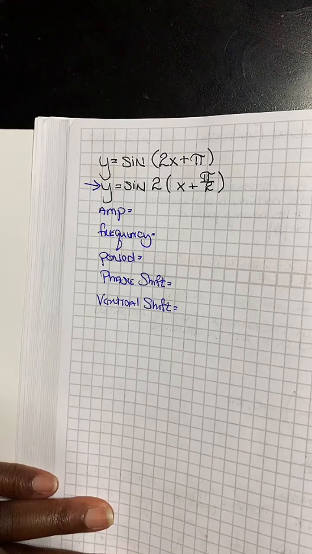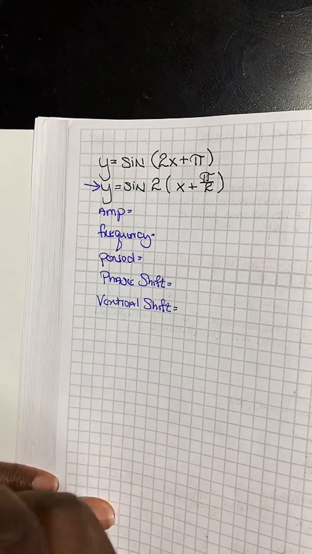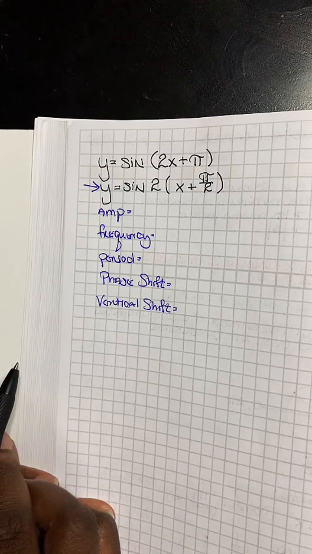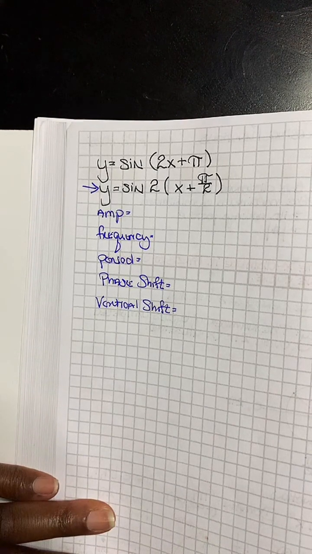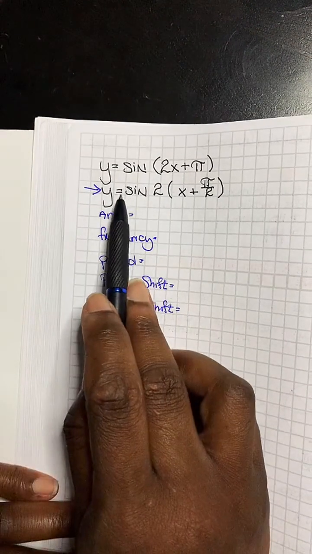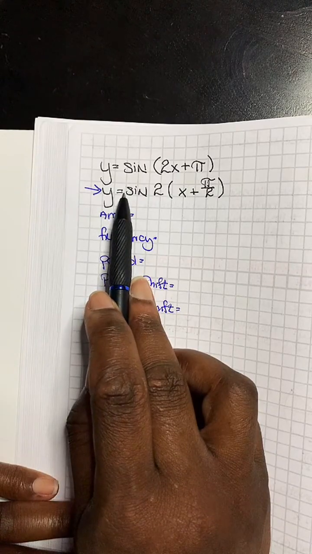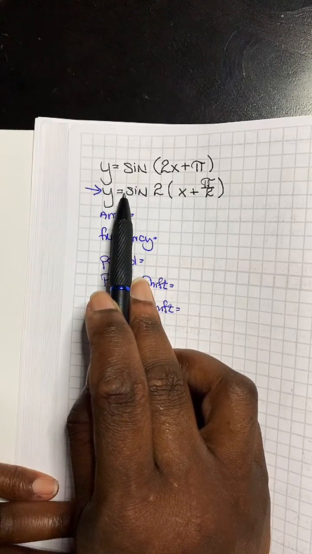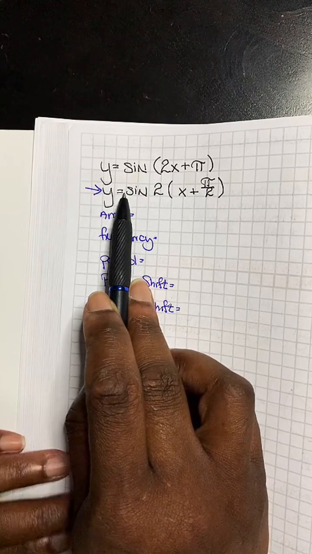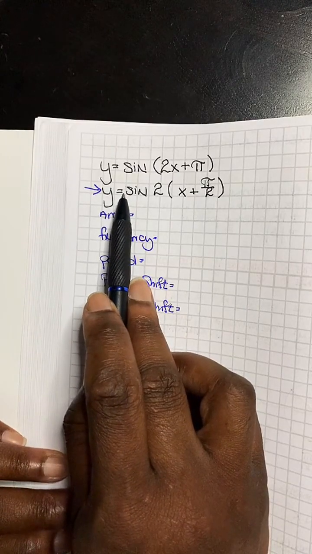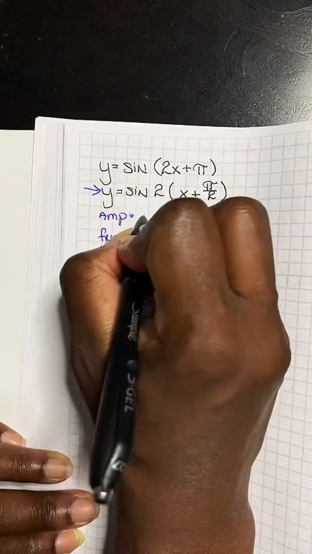Yes, kicked out the 2. Yes, it did. Blue saying 1. Michael R saying 1. Remember, your amplitude is that coefficient or that number before sine or cosine. Okay, so this number, if you don't see anything, it's assumed that it's a 1.